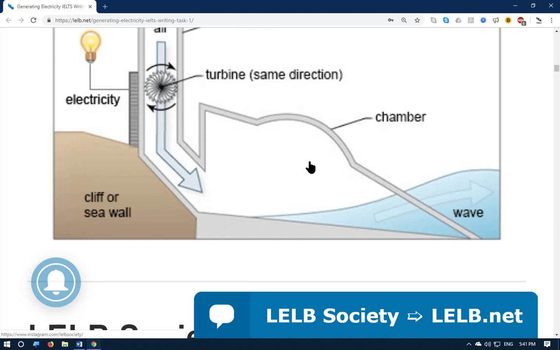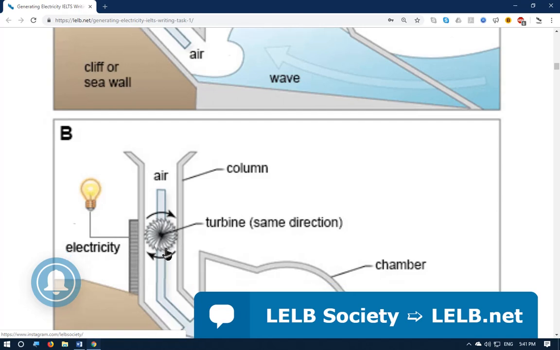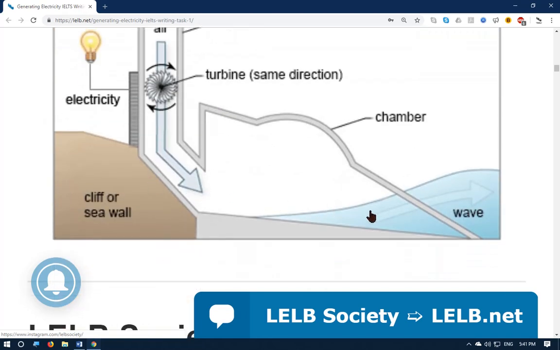actually another mechanism happens, but in a reverse order. That is to say, the air from outside the column just tries to, or is intended to, rotate the turbine blades, and it goes to the chamber here that has artificially been structured on the seashore in order to just create some sea waves.